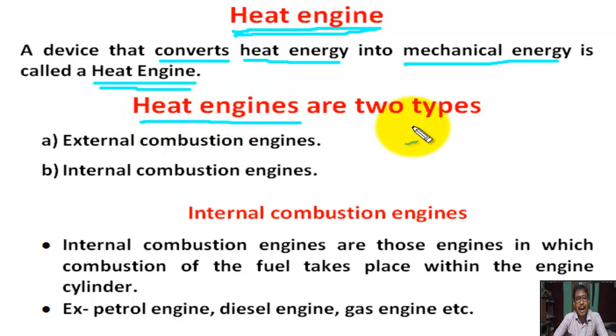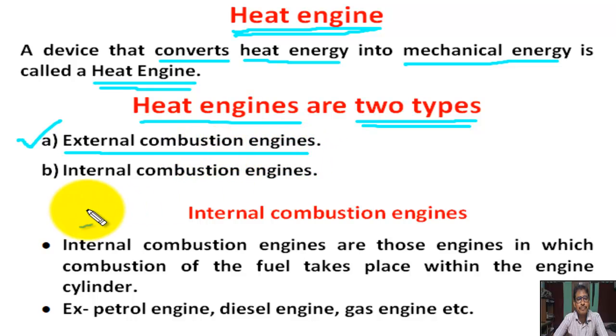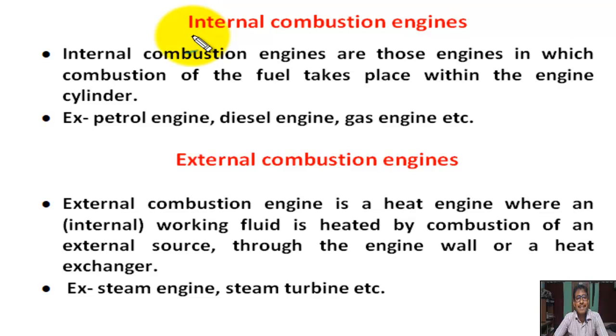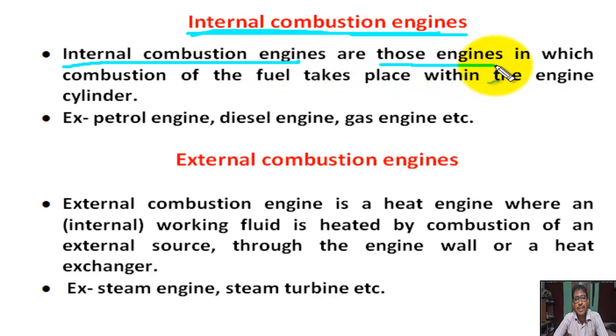Heat engines are of two types: A, external combustion engine, B, internal combustion engine. Now, what is an internal combustion engine, an IC engine? Internal combustion engines are those engines in which conversion of the fuel takes place within the engine cylinder.